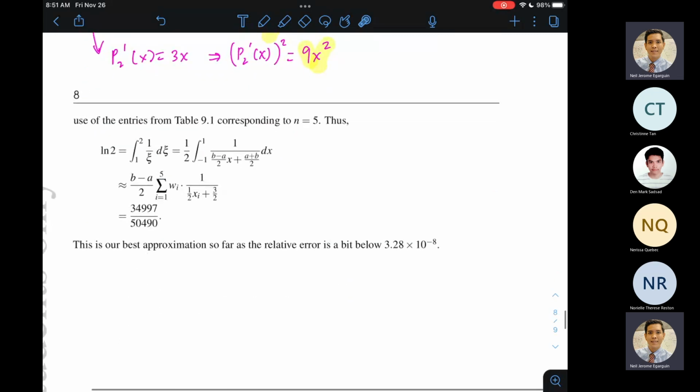All right? So again, ln2 is equal to this integral, but this integral is not on the interval -1 to 1, but rather on the interval 1 to 2.